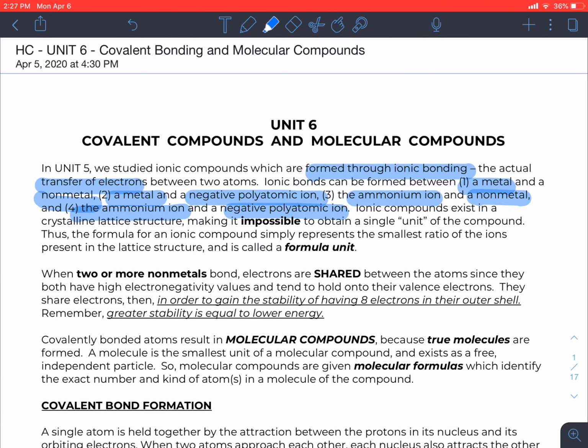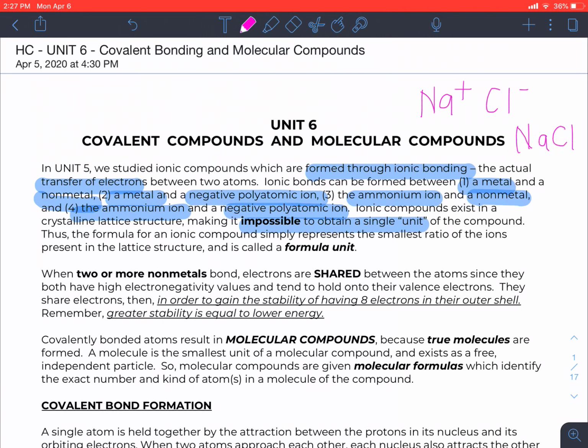Ionic compounds exist in a crystalline lattice structure. That was towards the end of the Unit 5 notes packet, making it impossible to attain a single unit. So what this means is, for example, if you have NaCl, it's formed from the Na positive ion and the Cl negative anion. When you put them together, you get a ratio of 1 to 1.